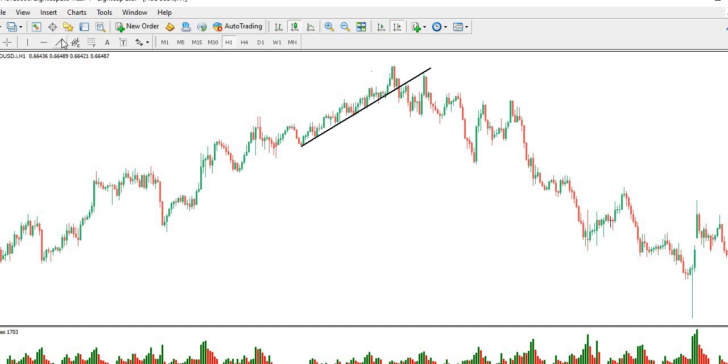We draw the first trend line. The market broke it to the downside. We draw the second trend line from the same point and connect it with this second low, or we connect it with another point from the same area from where we have drawn the first trend line.